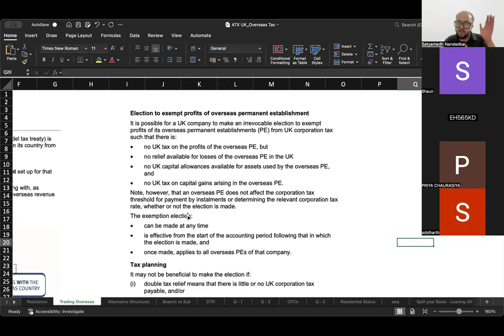An overseas subsidiary is a separate entity. If the subsidiary incurs a loss, that loss of an overseas subsidiary cannot be adjusted against profits made by the holding company. Even if it is part of a 75% loss relief group, that loss cannot be adjusted against the profits in the head office or profits in the holding company.